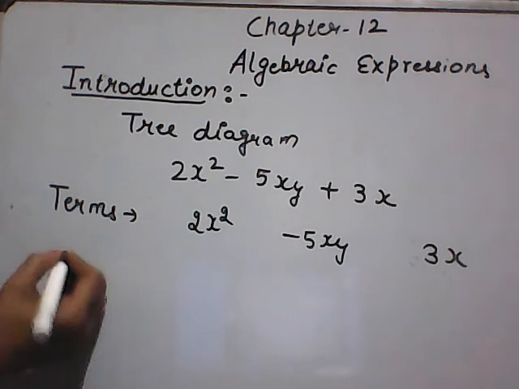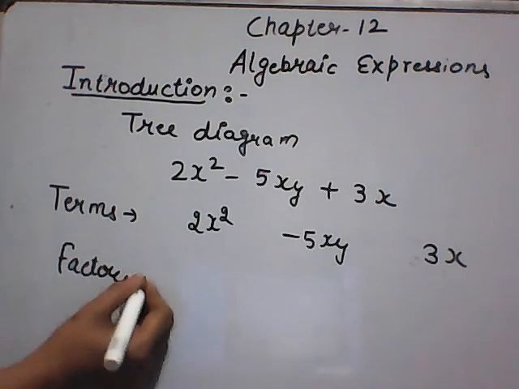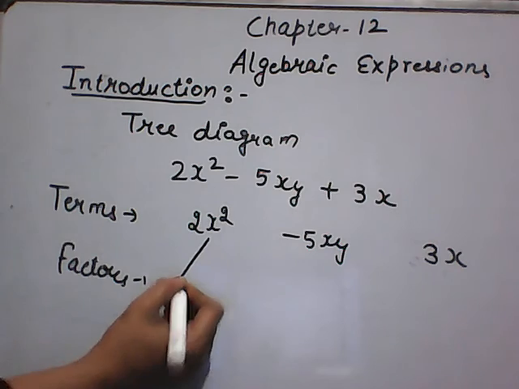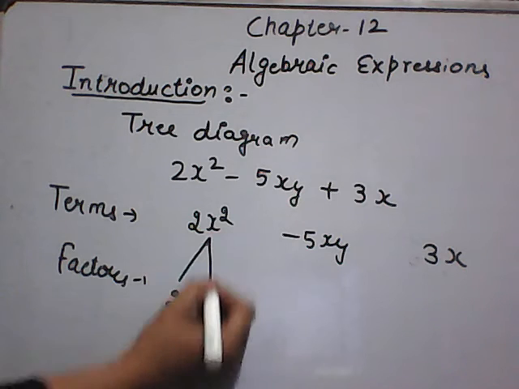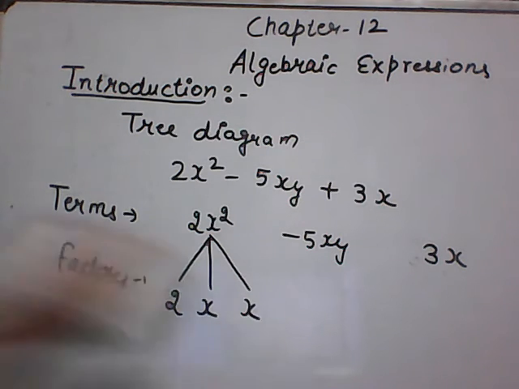Now we can represent factors by using a tree diagram. 2x square is a product of 2x and x, so 2x and x are the factors of 2x square.